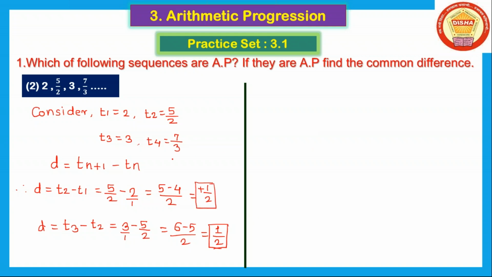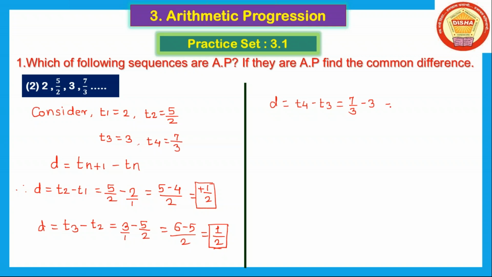Again we take the difference between the next two consecutive terms. Now it is T4 minus T3. We are taking the next terms. Then we put T4 as 7 upon 3 minus 3.